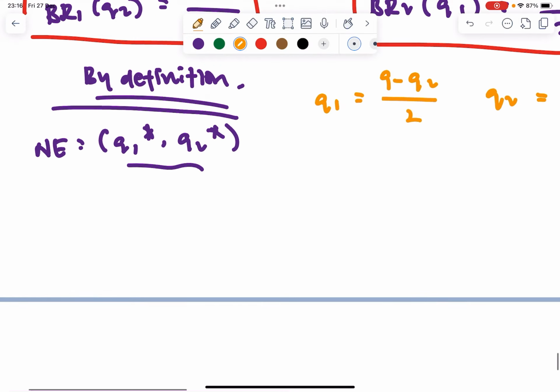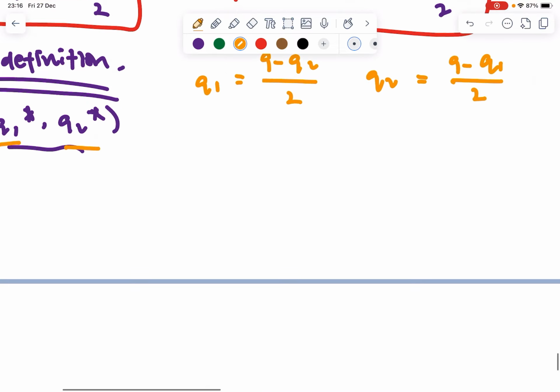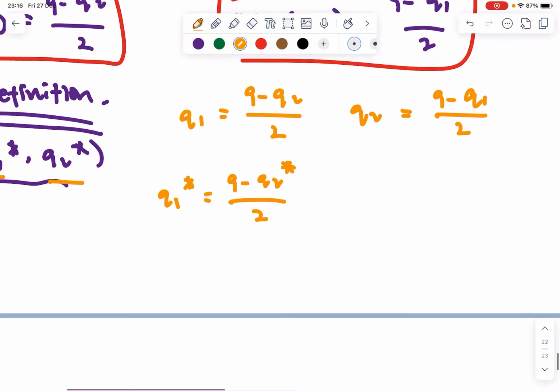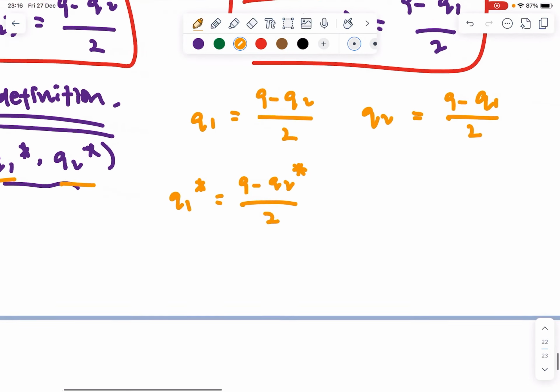Let's say we assume that there is some Nash equilibrium where both of them are playing their best response strategies. It means that Q1 star, the Nash equilibrium quantity that firm 1 produces, will be equal to 9 minus Q2 star over 2, because in Nash equilibrium, both of them have to be playing their optimum strategy.